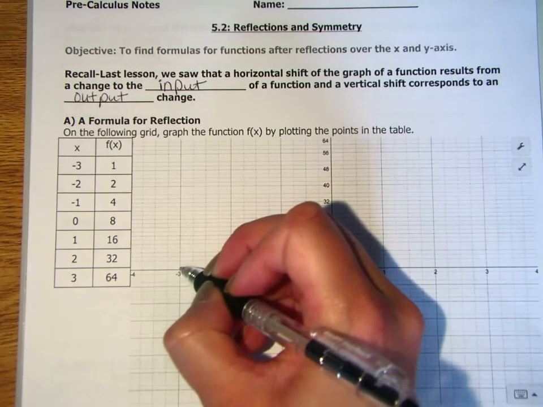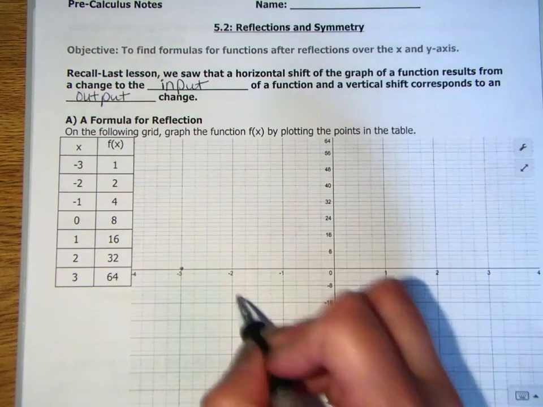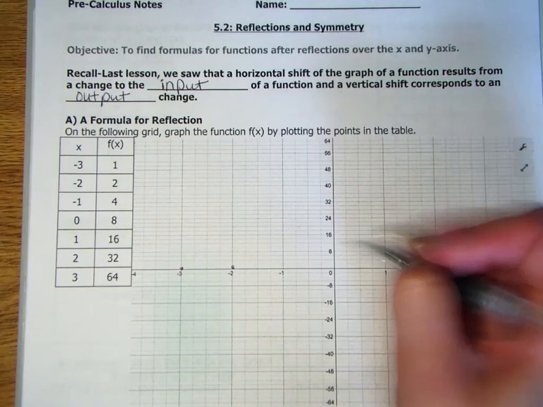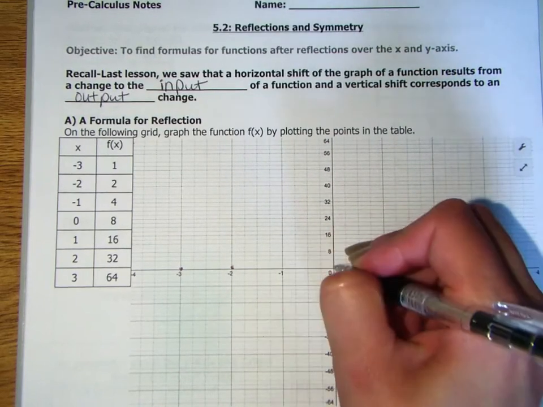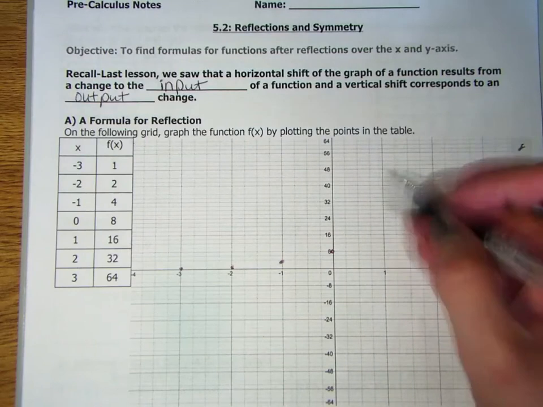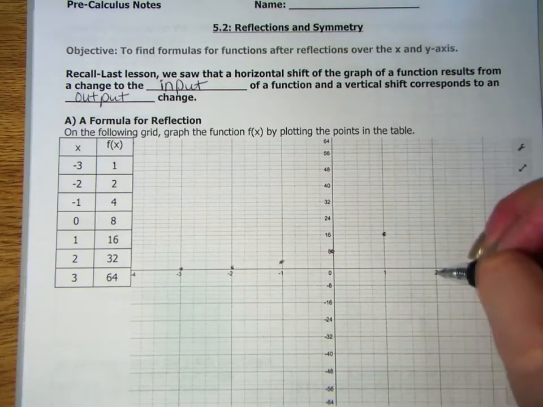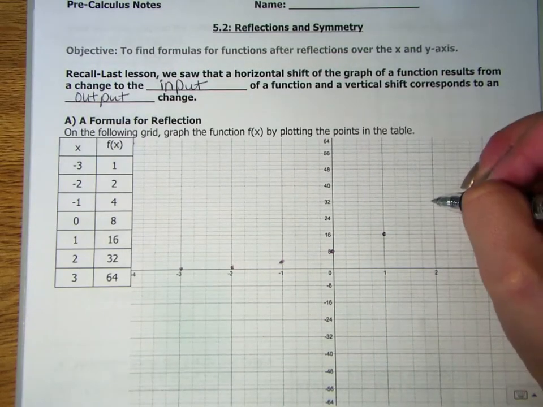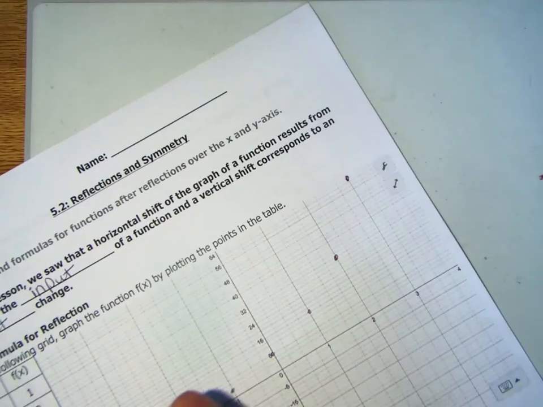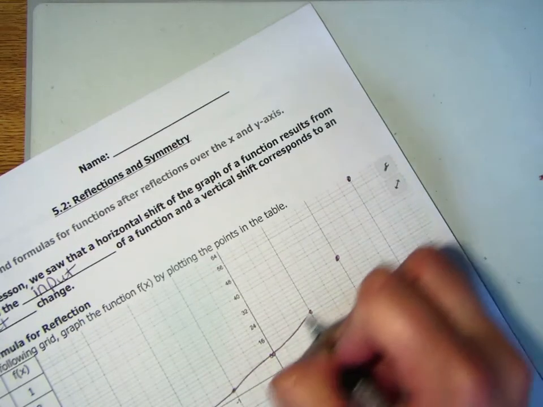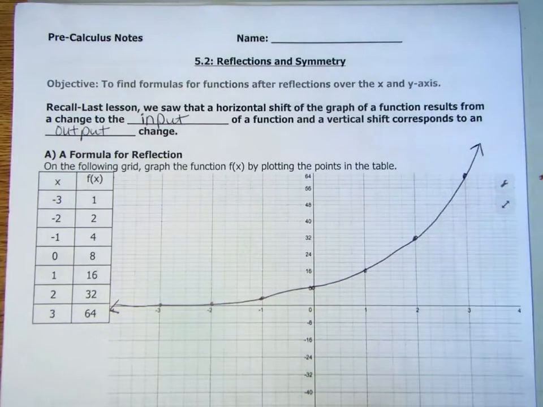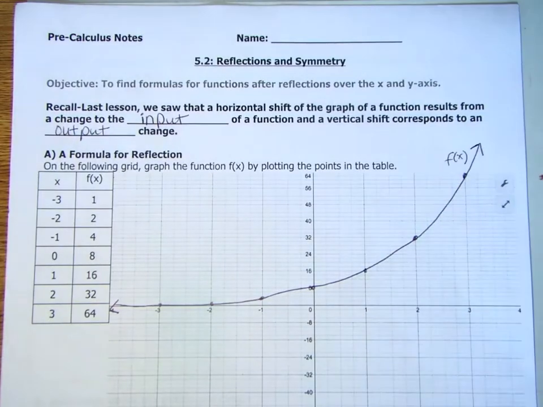I know the first couple f of x values are kind of squished, but f of x is some type of exponential function.